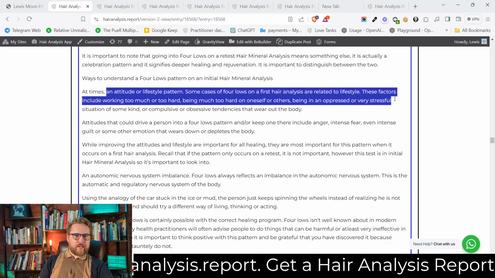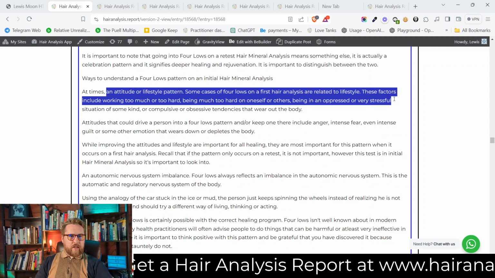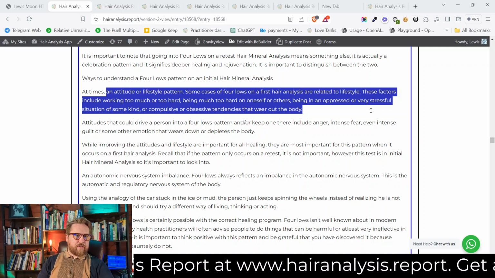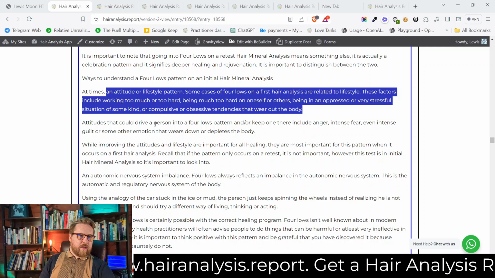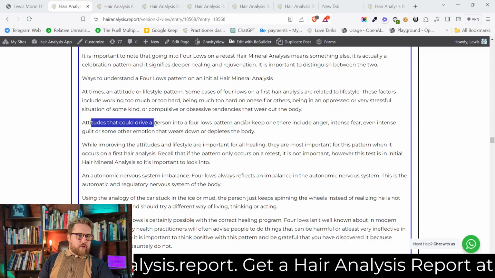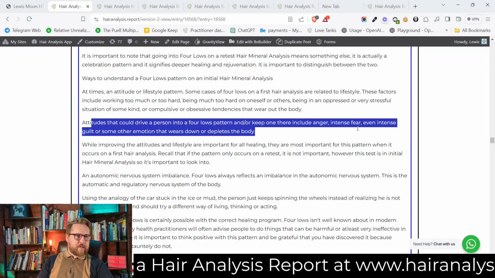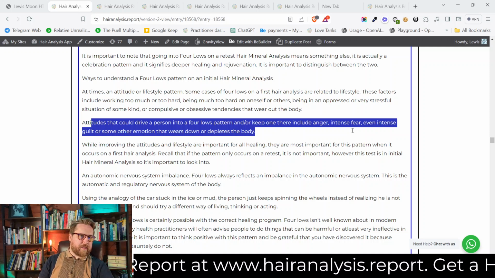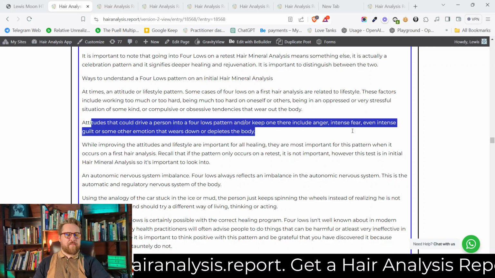These factors include working too much or too hard, being too hard on oneself or others, being in an oppressed or very stressful situation of some kind, or compulsive or obsessive tendencies that wear out the body. Attitudes that could drive a person into 4 lows and keep one there include anger, intense fear, intense guilt, or some other emotion that wears down and depletes the body. So all in all, it's a depletion pattern.